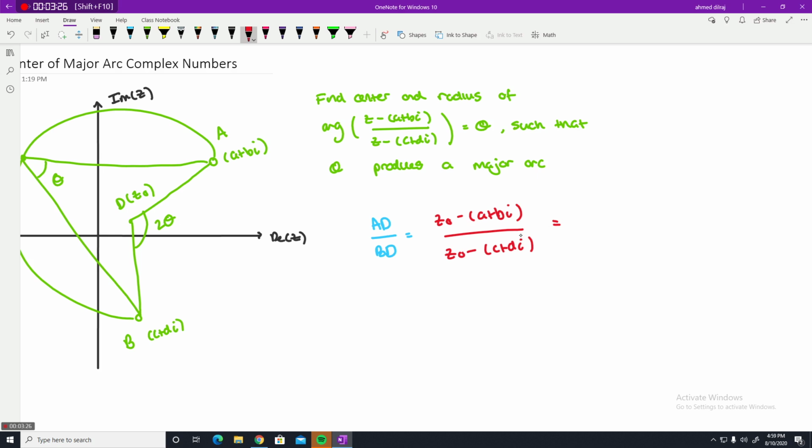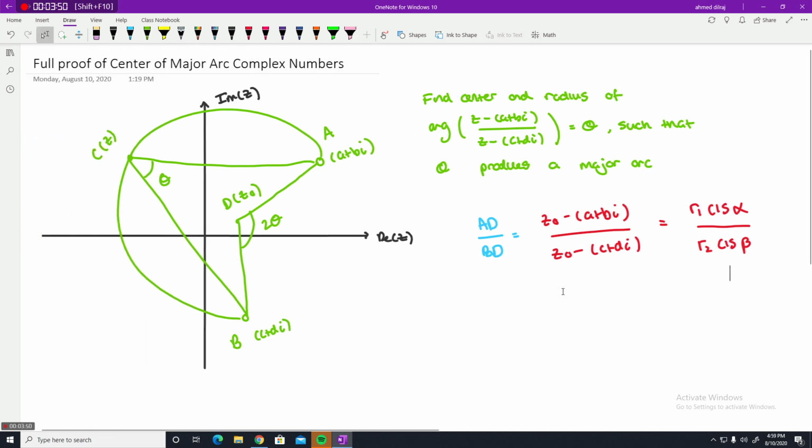Another form of this complex number is polar form. So I'm going to change this complex number into polar form. I don't really know what it looks like in polar form, so I'm just going to assume it has some magnitude R1 and some angle alpha. And the same thing for the complex number on the bottom: it's going to have some magnitude R2 and some angle beta.